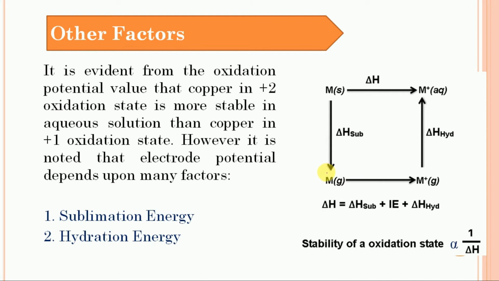The energy needed for this step is known as the enthalpy of sublimation. In the second step, the outer electron is removed from the isolated atom, and the energy needed is called ionization energy. In the third step, the gaseous ion gets hydrated, and this energy is known as hydration energy.